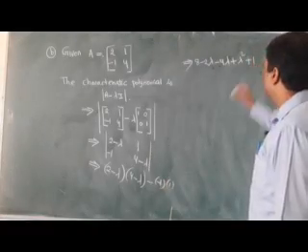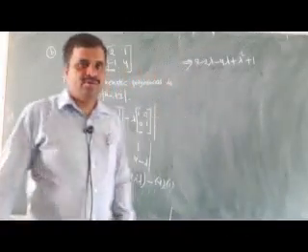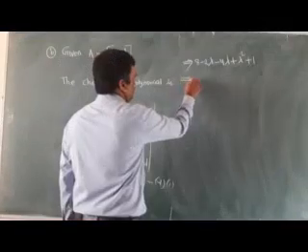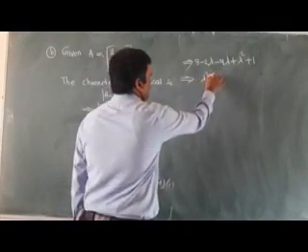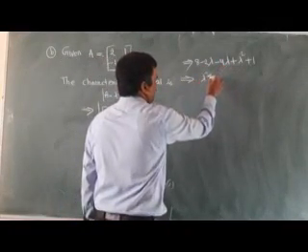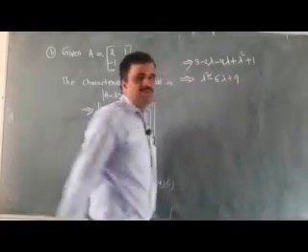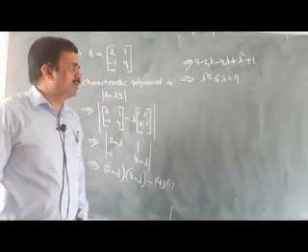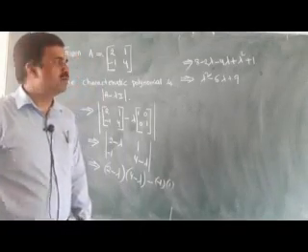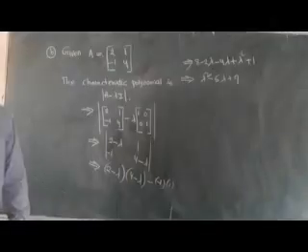So simply the quadratic polynomial is lambda square minus 2 lambda minus 4 lambda minus 6 lambda plus 9. This is the characteristic polynomial, lambda square minus 6 lambda plus 9. Come on, copy it.